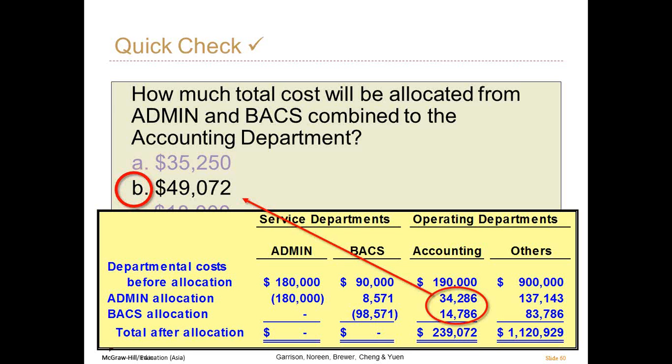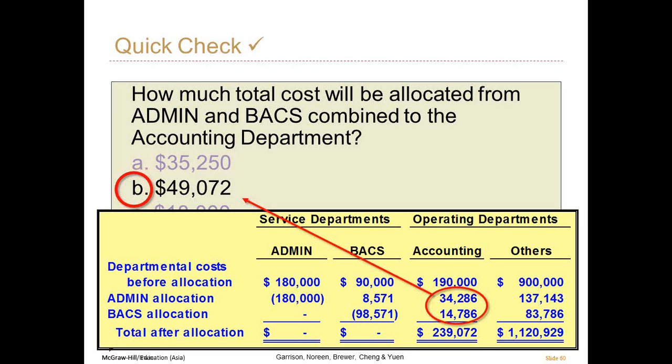The total number of employees in the allocation base is 105. 5 for BACs, plus 20 for accounting, plus 80 for others. The allocation percentage is calculated by dividing the number of employees in a department by the total number of employees in the allocation base.